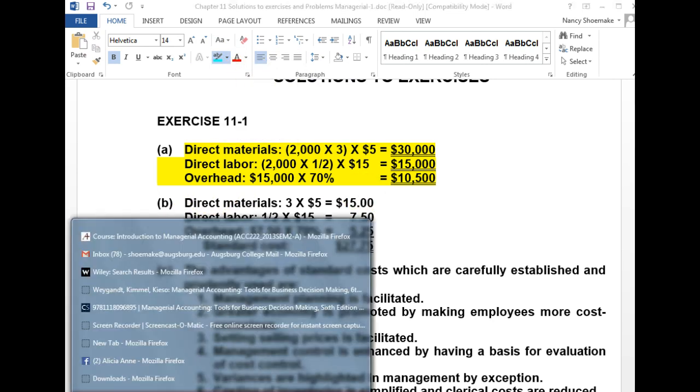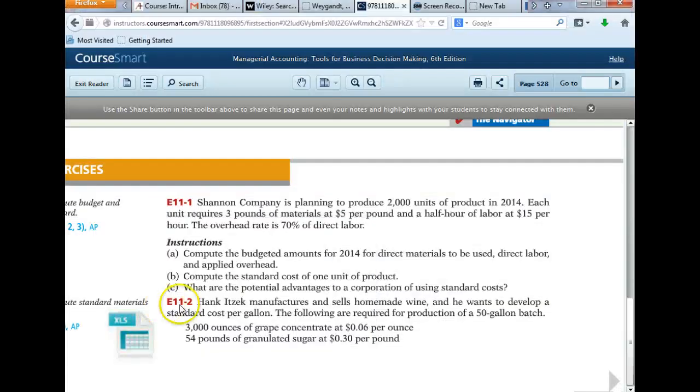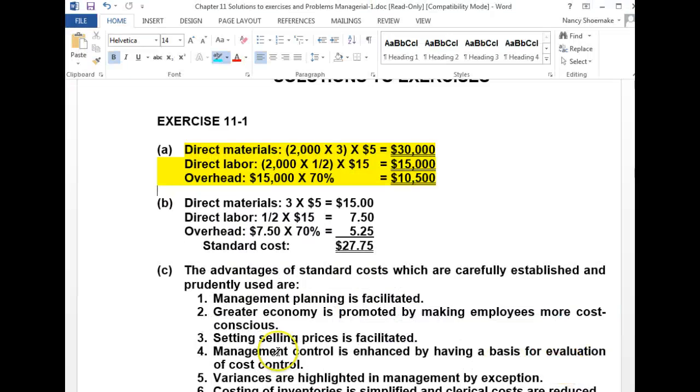Okay? Now the next part says to us, compute the standard cost of 1 unit of product. We got to come up with the standard cost just for 1 unit of product. So we've got 3 units times $5 a unit to just give us $15 as our standard per unit.